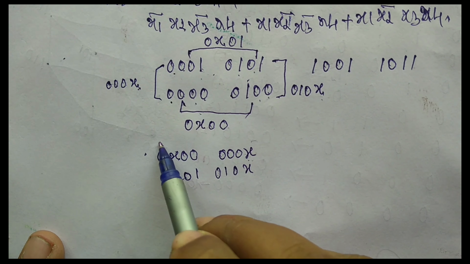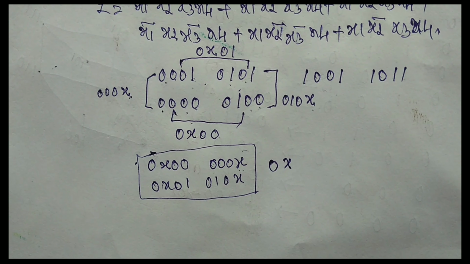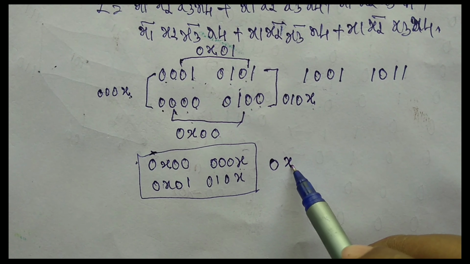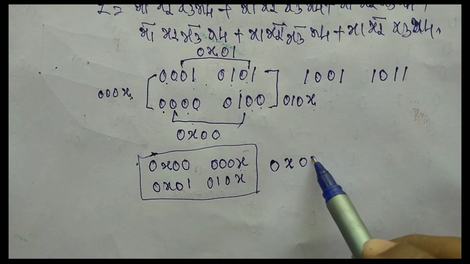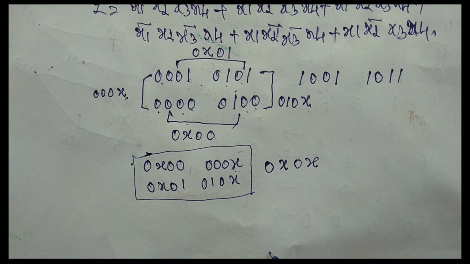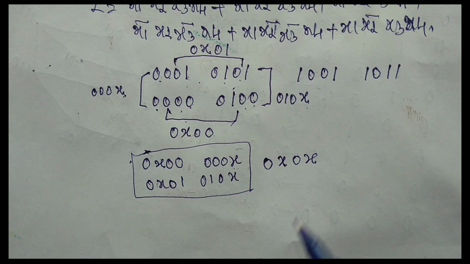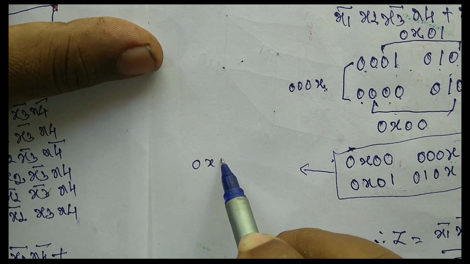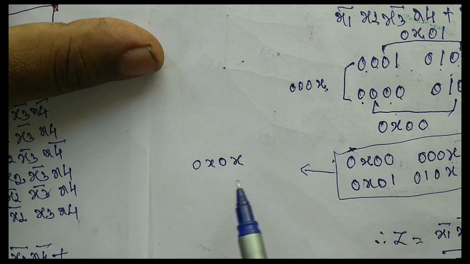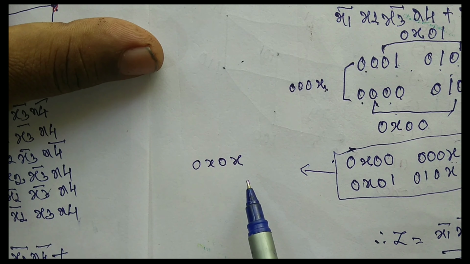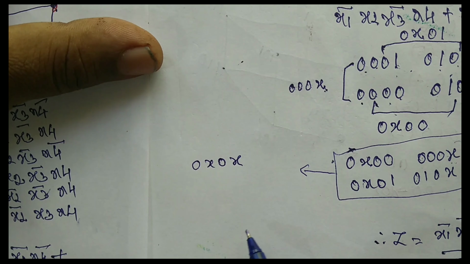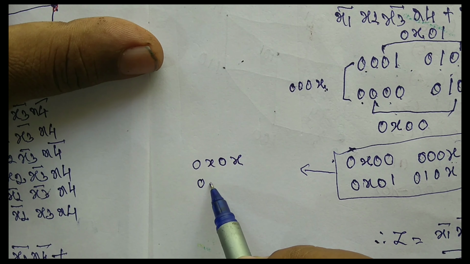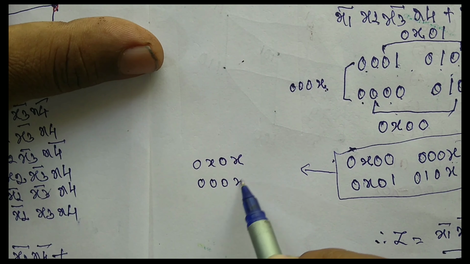So combinedly we can write 0 x 0 x. This is 0 x 0 x because if first x you put 0, what is the answer? 0, 0, 0, x.